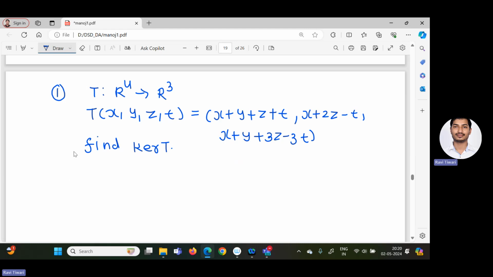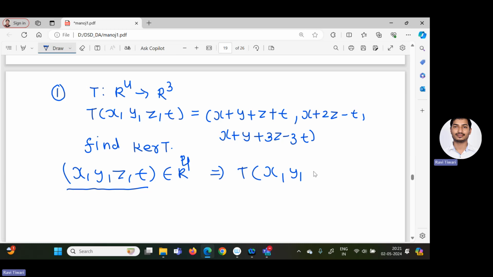If I choose any vector (x, y, z, t) of R4, choosing one random vector from kernel T.